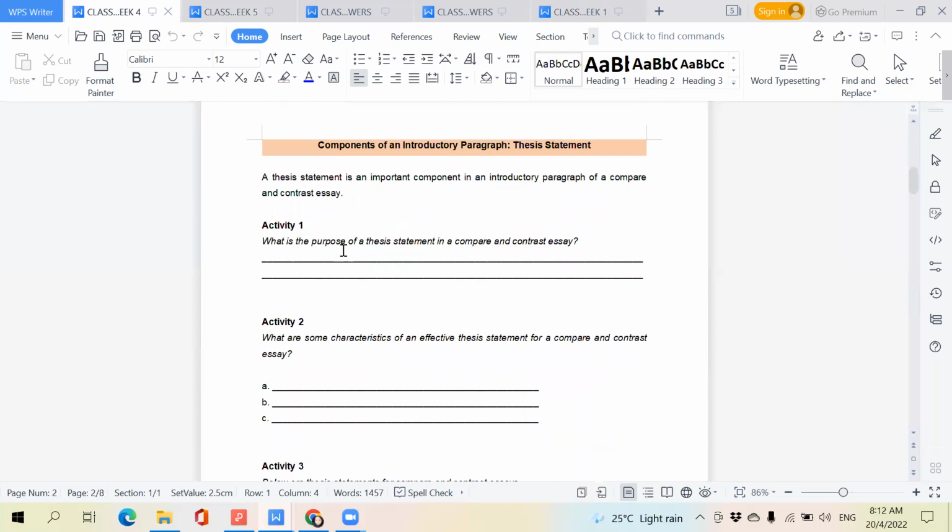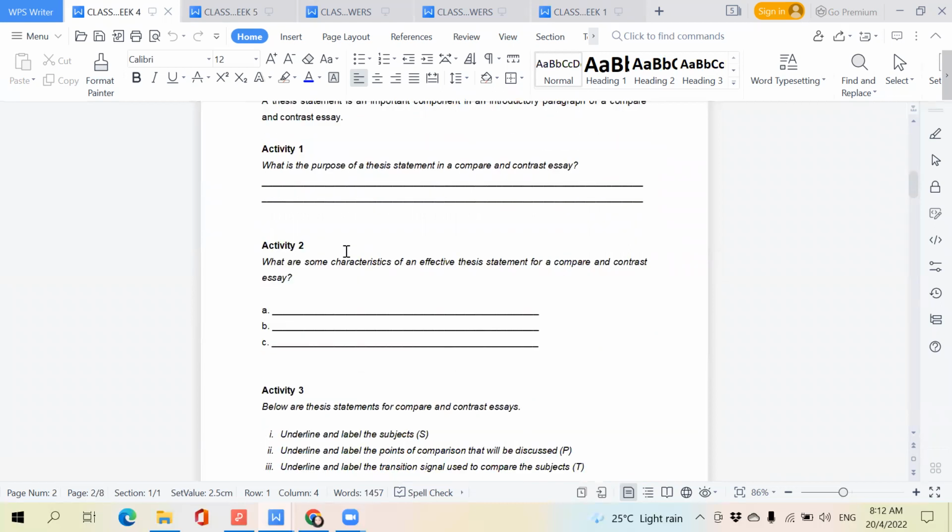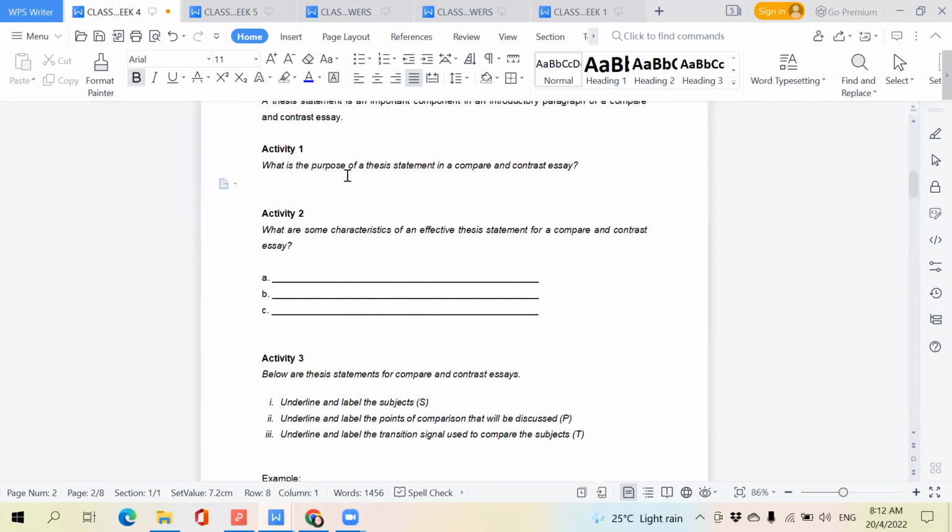If you look at activity 1 here, it's asking you, what is the purpose of a thesis statement in a compare and contrast essay? So what's the purpose? Purpose of a thesis statement means why do you need a thesis statement? Why does it have to be in your introductory paragraph? What is its function?